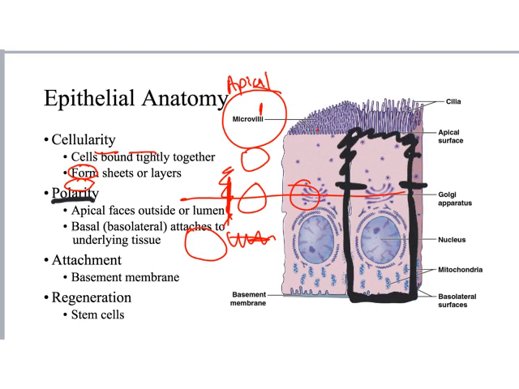All epithelial cells have to be somehow anchored or attached to the underlying tissue. And they're going to have stem cells somewhere in the mix of the tissue.